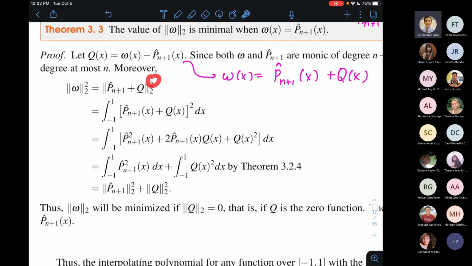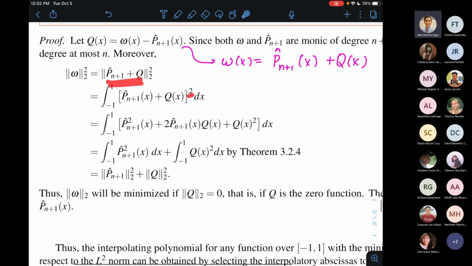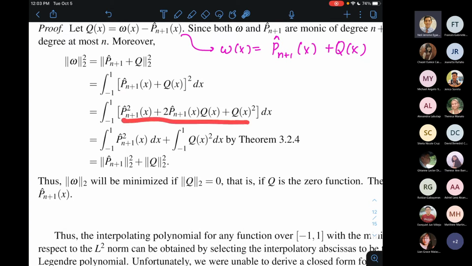And then by definition of the L2 norm squared, ito lang yan, integral nung nasa loob ng norm, quantity squared, dx. Okay? Now we expand this using your normal special product. We get this guy. Yes, mukhang tama naman yung expansion.